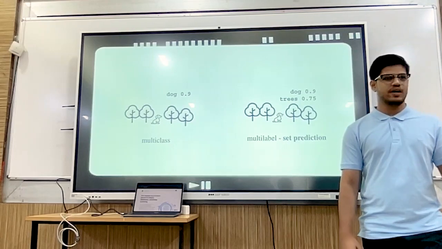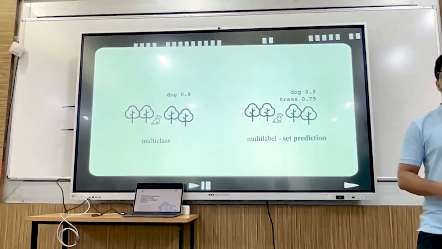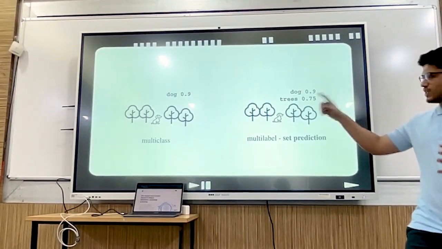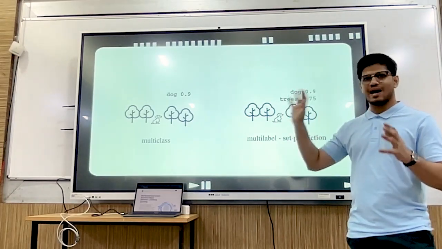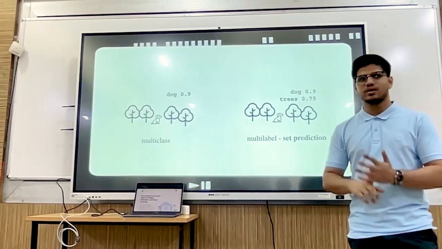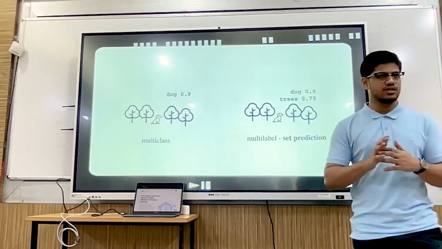Yes, this is a very good question. So what she is asking is, for example, there's a bird in both of these, but whichever class has the maximal probability is the only one shown, and the answer is yes, because it is a multi-class classification, right?